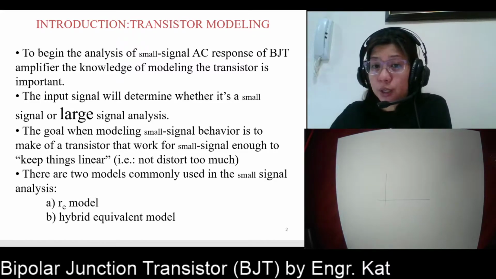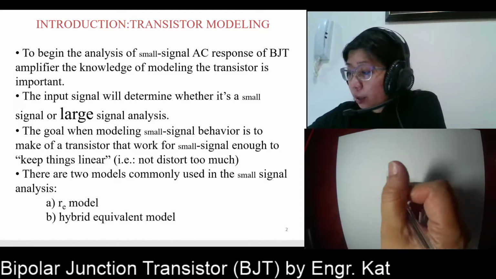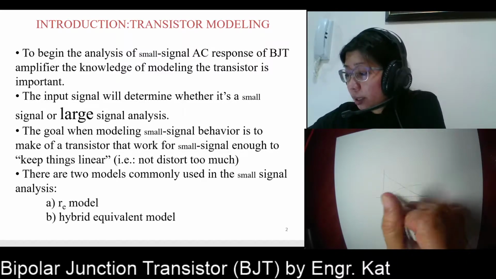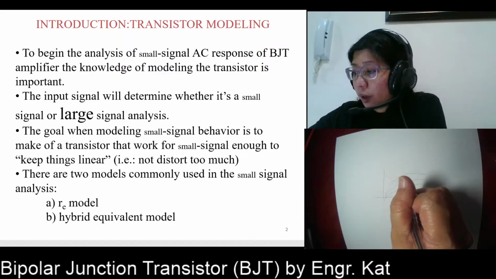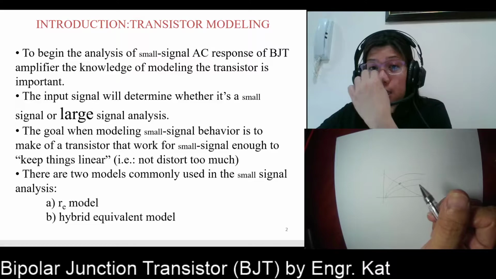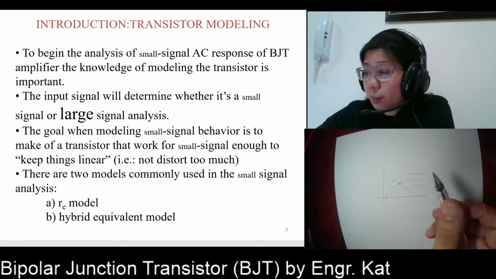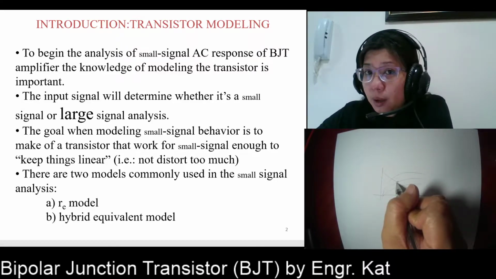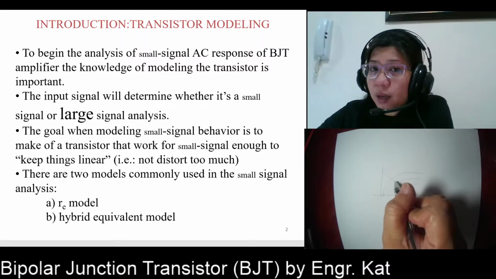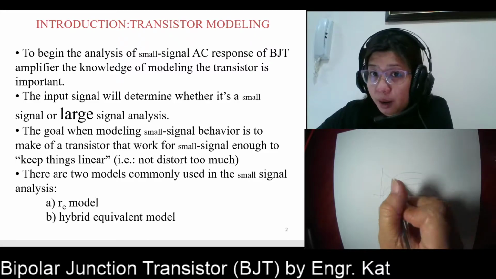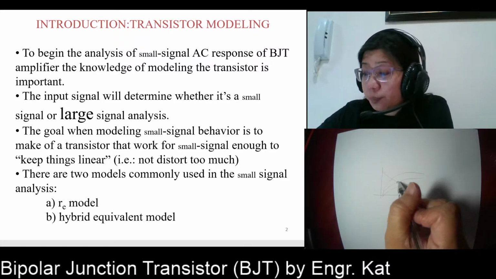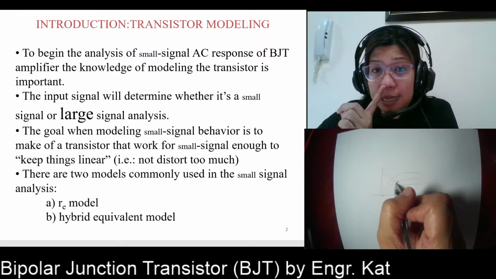Technically, it depends again on your active region. For example, you have here your active region. If we place an AC input that is just right enough so that your output will not shift your Q point very far from your active region, then we have a small signal analysis.